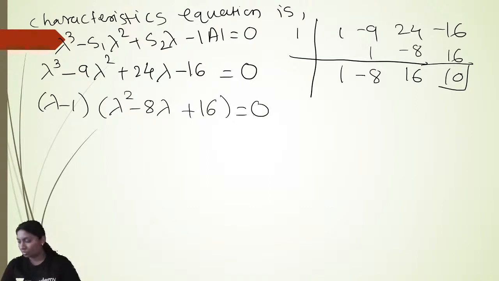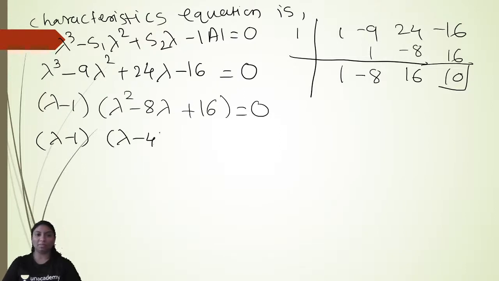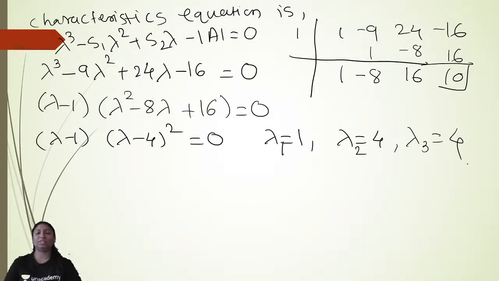So you will get lambda minus 1 into (lambda minus 4) whole square is equal to 0. So lambda 1 is equal to 1, lambda 2 is equal to 4, lambda 3 is also 4.